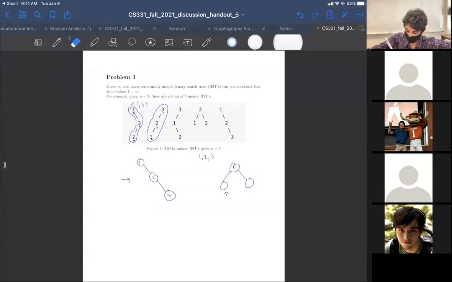So 1 can't go there. How about 3? Can 3 go over here? Well, no, 3 cannot go over here because that would require either 1 or 2 to be over here. And that is less than 3, but it is still on a right-hand side node. So we see that only 2 can go here, and of the remaining things, 1 has to go here and 3 has to go here.